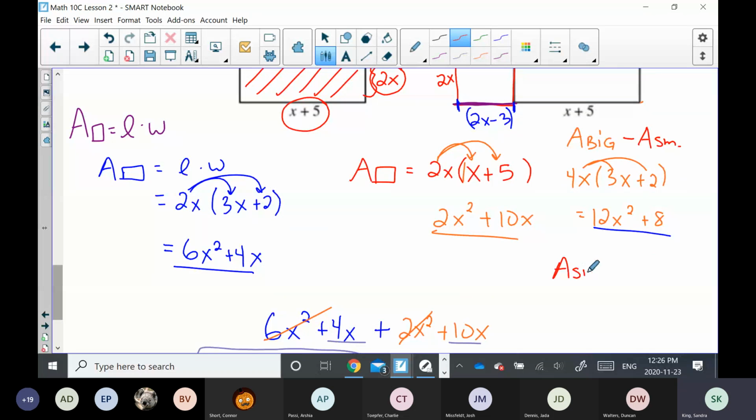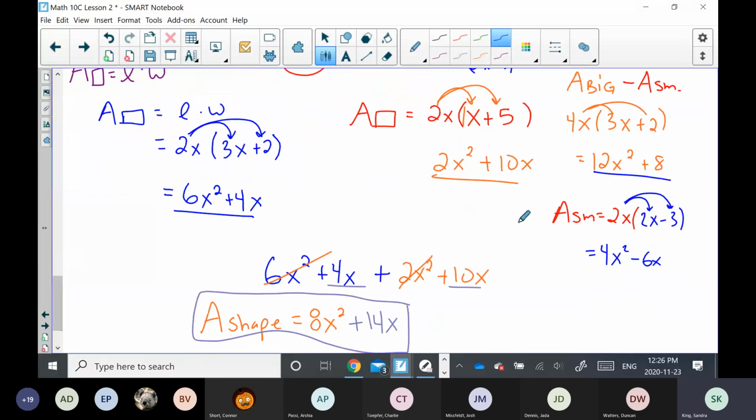Area of the small was 2x times 2x minus 3. 2x times 2x is 4x squared. 2x times -3 is -6x. We now have to take this guy, that's my big, and subtract from the small.